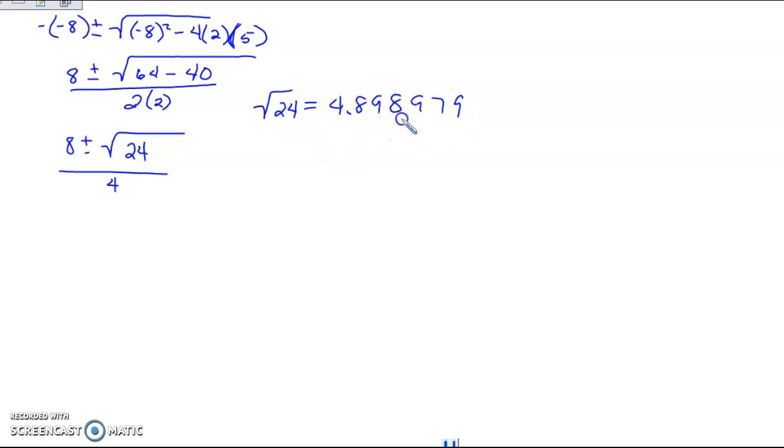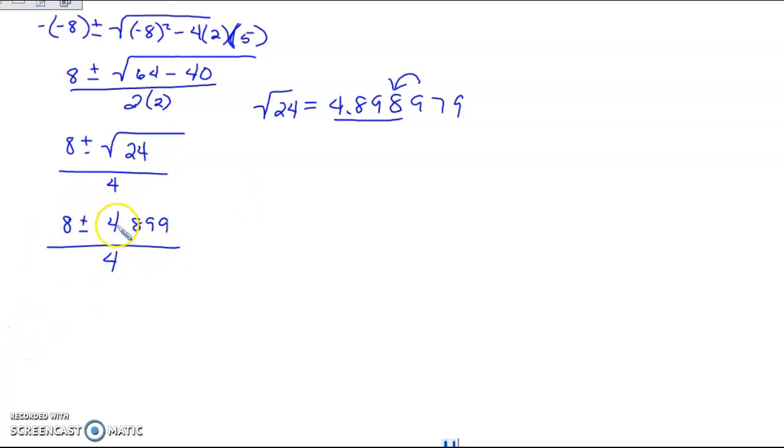So we need to go out 3 places. So this 9 is affecting the 8. So then we get 8 plus or minus 4.899, all this divided by 4.